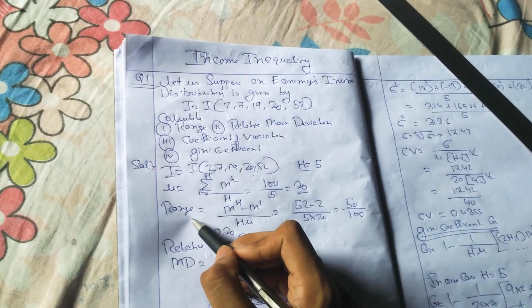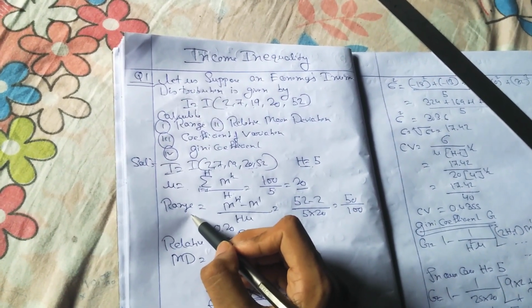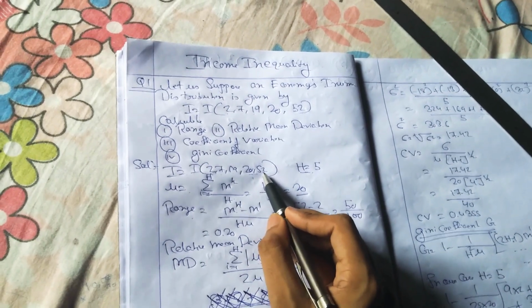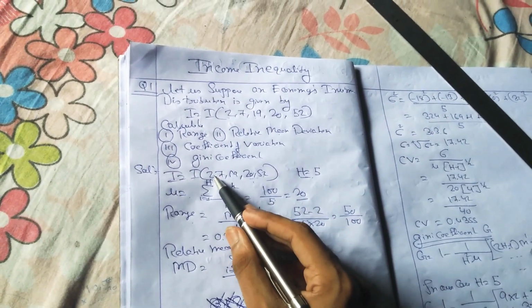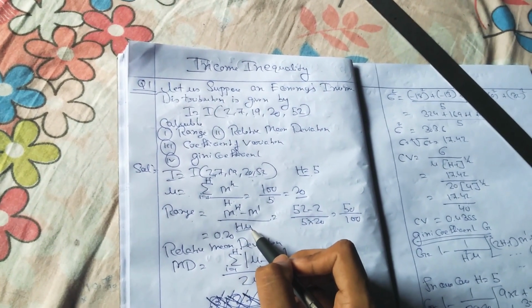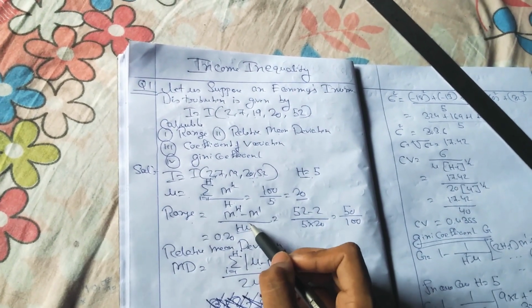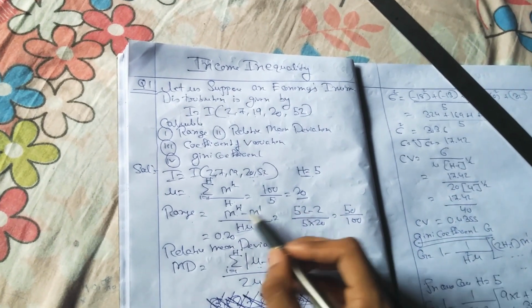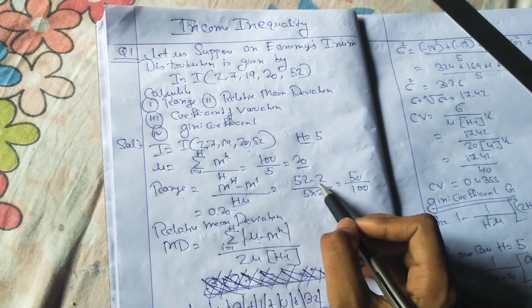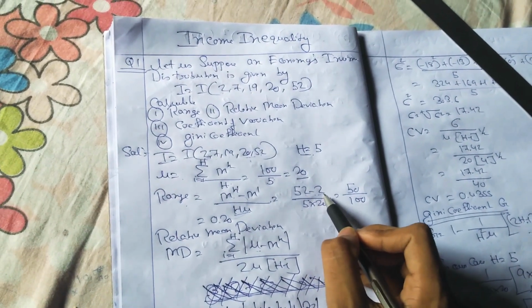Our first statistical measure of income inequality is the range. Range is the maximum income of the society minus the least income of the society, normalized by the total income of the society. The highest income is 52 and the least income is 2, so 52 minus 2.